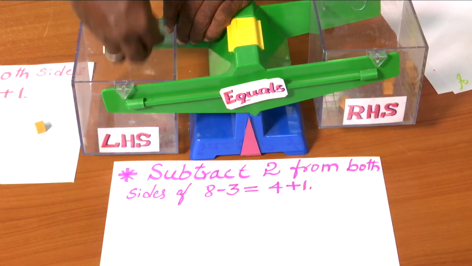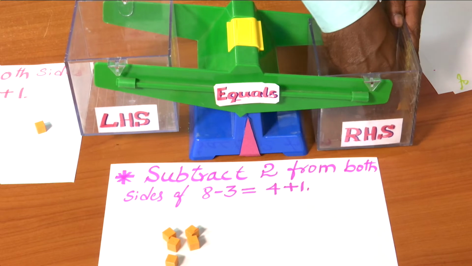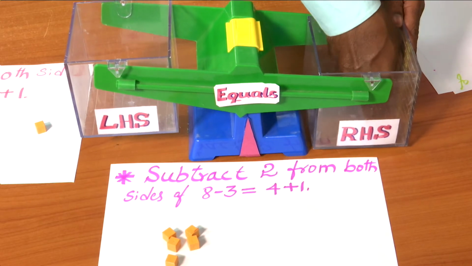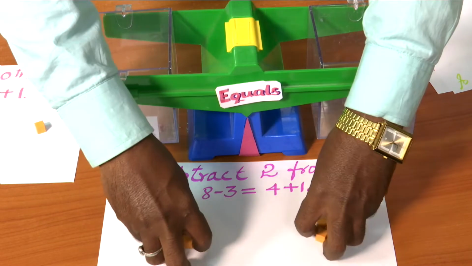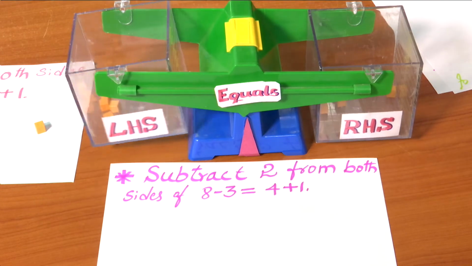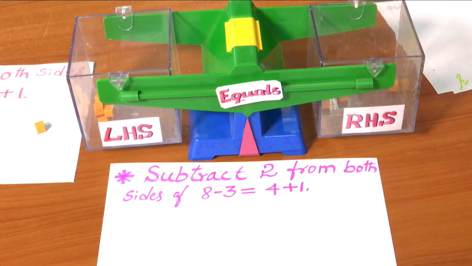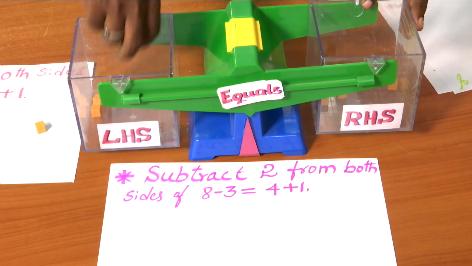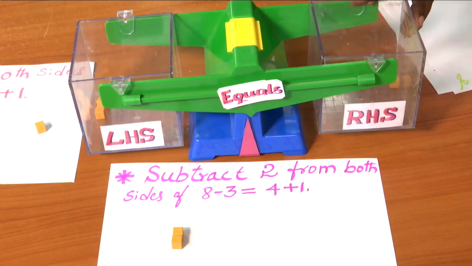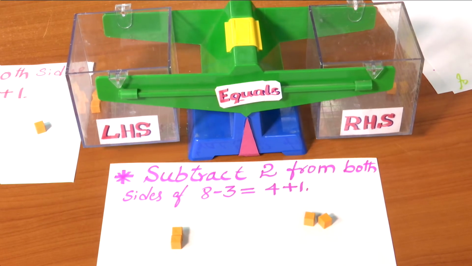See here. How many cubes? 5. Here also 5. What do we do here? We subtract 2 from both sides. Subtract means put out 2 from both sides. We take 2 from the left side, 2 from the right side. Then what happens? The equation is balanced.